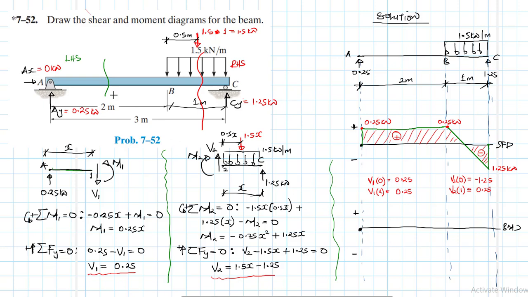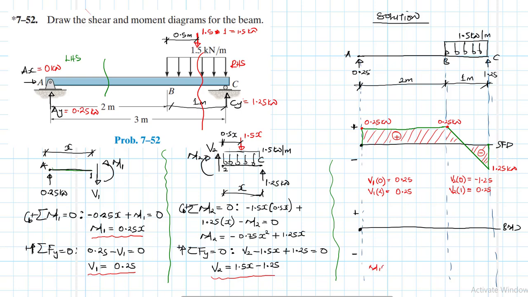So let's now draw the bending moment diagram. Again, we have two equations for interval AB and interval BC, just like we had two equations for shear. For M1, which is this one here, it is a linear function, 0.25x. So we'll write similar information like we did in the other case.